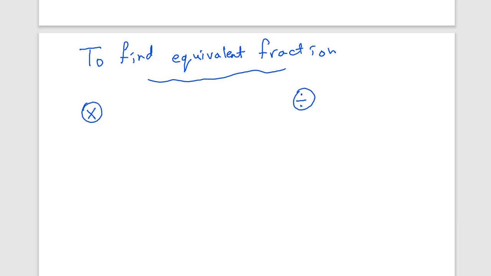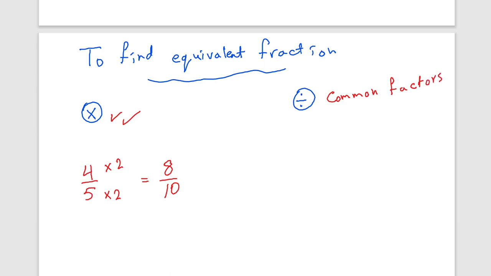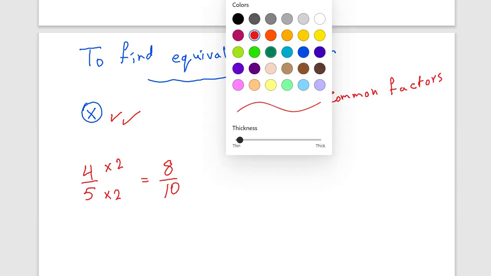We can use multiplication always. For example, with 4/5, you can multiply both numerator and denominator by any number to get another fraction. But we can use division only when we have common factors, like 6/12 in the previous one.